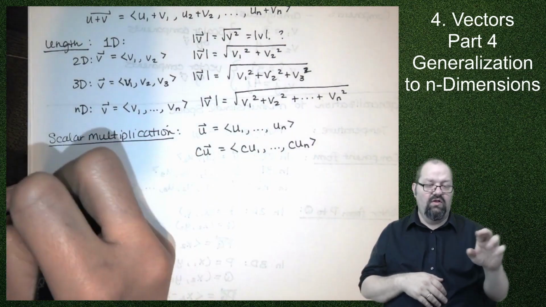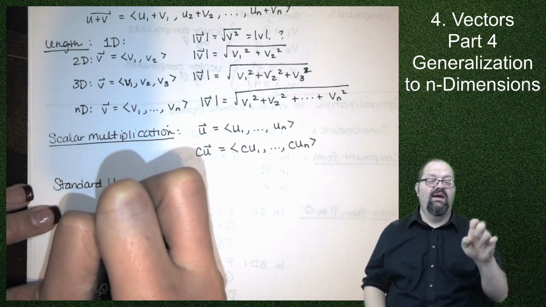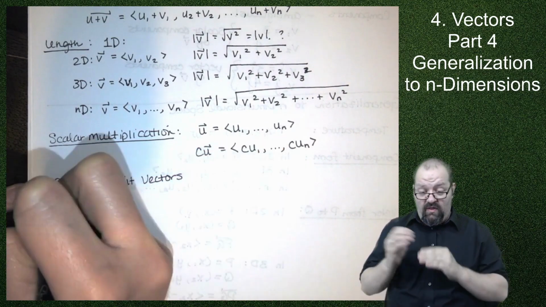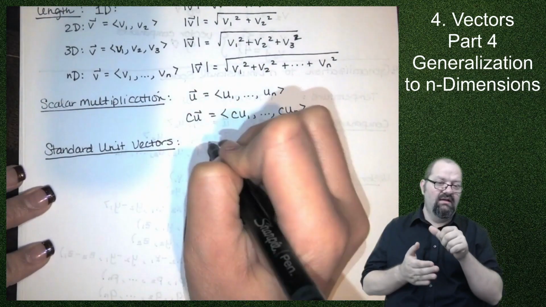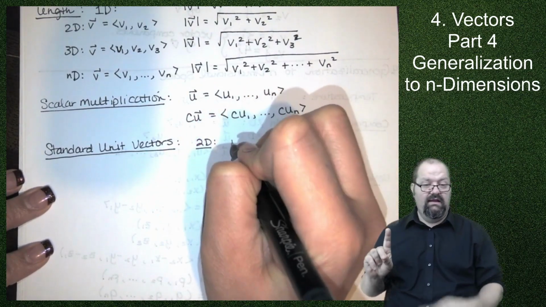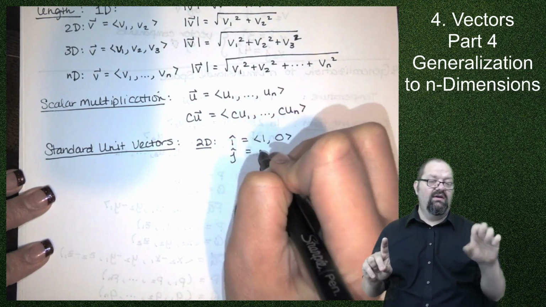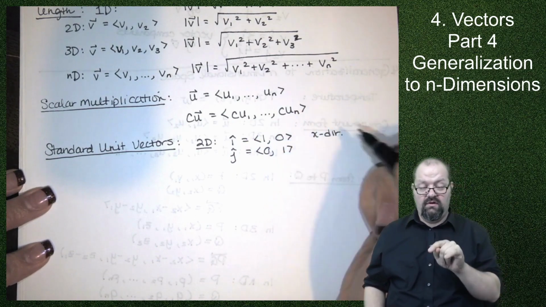We also have standard unit vectors. Beyond 3 dimensions, the notation isn't as standard as we would hope. But in 2D, we've seen our unit vectors, i hat and j hat. That's our unit vector in the x direction.